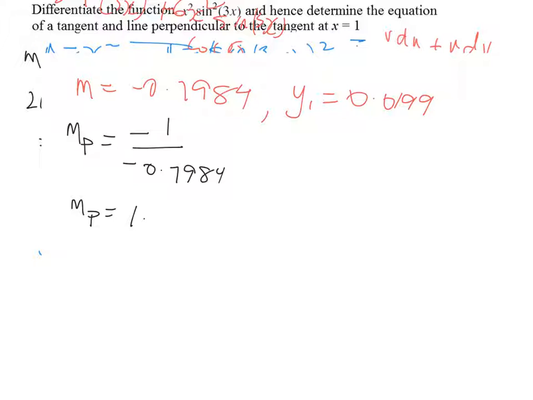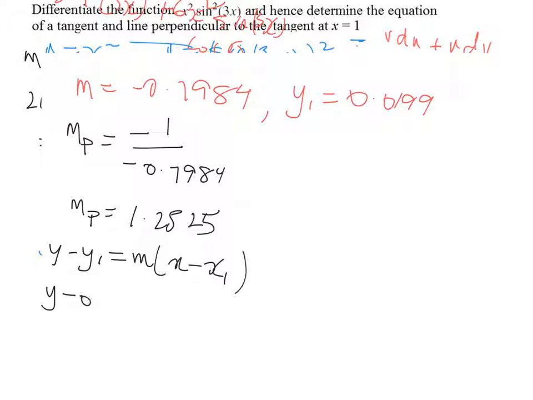So from there, the gradient perpendicular is 1.2525. And now once again we use y minus y1 equals m times x minus x1. So we substitute our values.